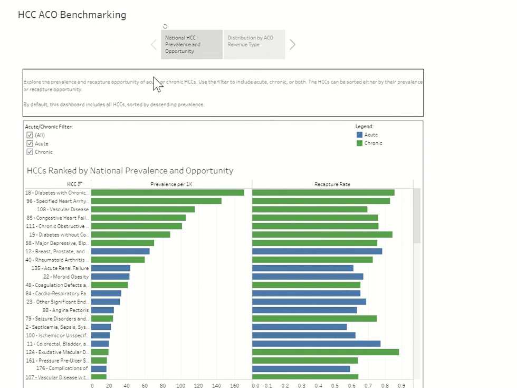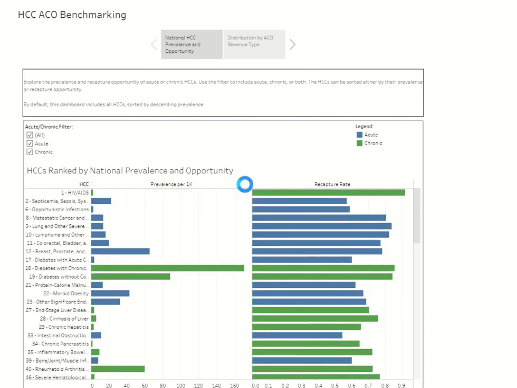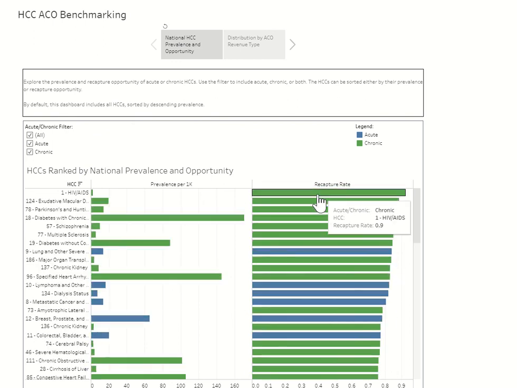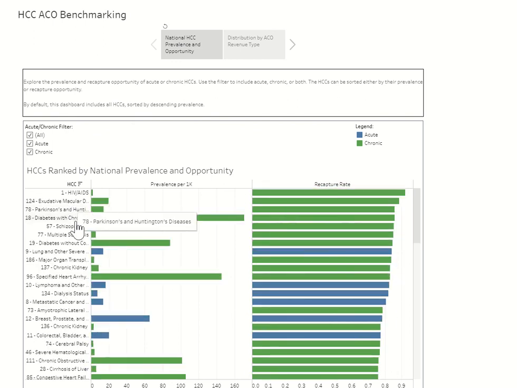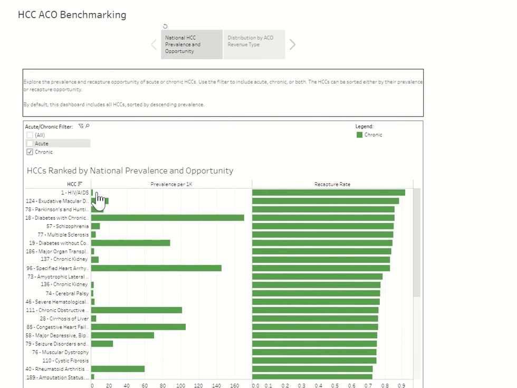There is the national HCC prevalence and opportunities, and it looks at the rating, and this can be sorted by different methods: alphabetical, prevalence, or recapture rates. And we can see different recapture rates based on the different type of HCCs, particularly if it's chronic or acute. And this list can be sorted or filtered to show the type of HCC you're interested in.